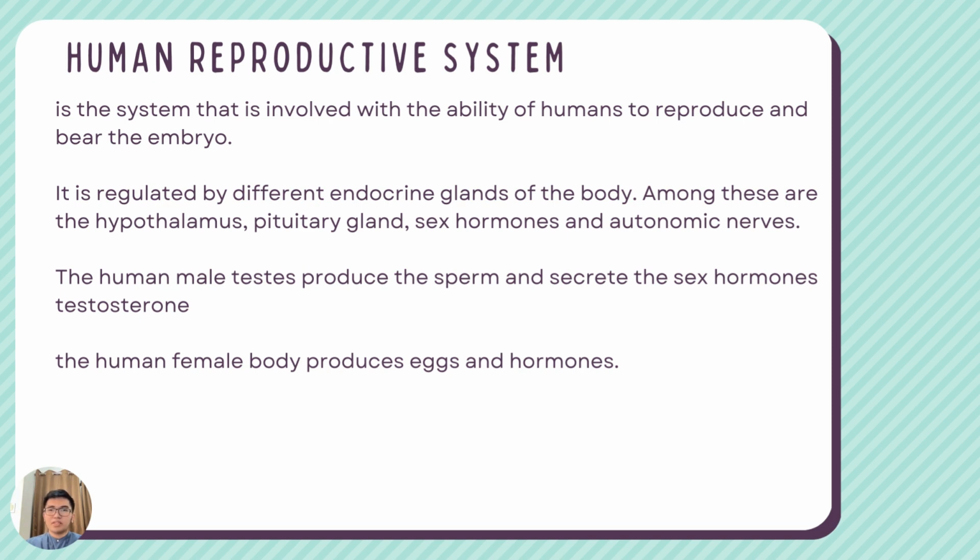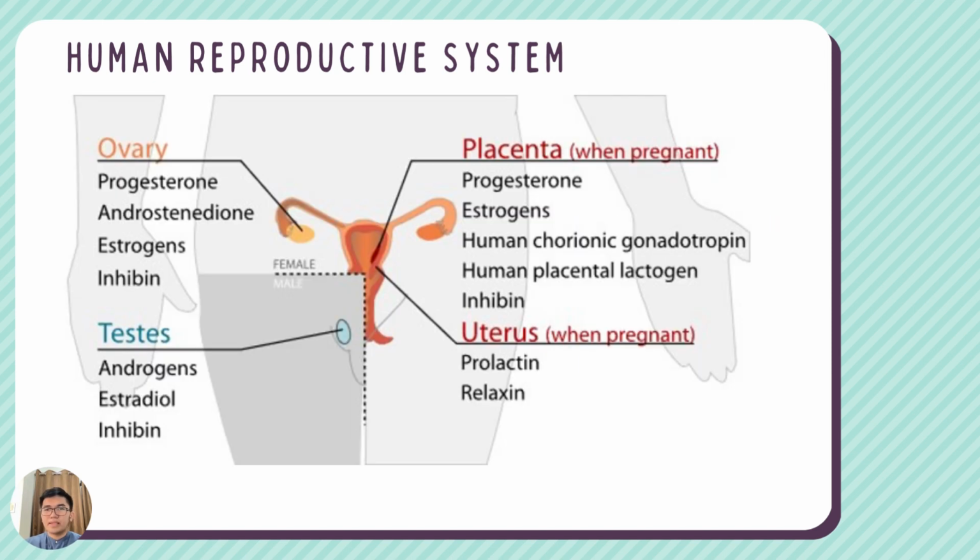The human male testes produce the sperm and secrete the sex hormone testosterone, while the human female body produces the eggs and hormones. Here we have the human reproductive system from both male and female.